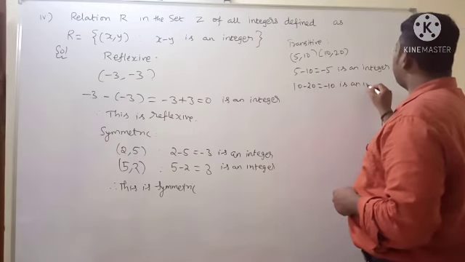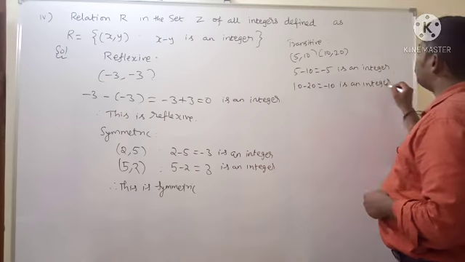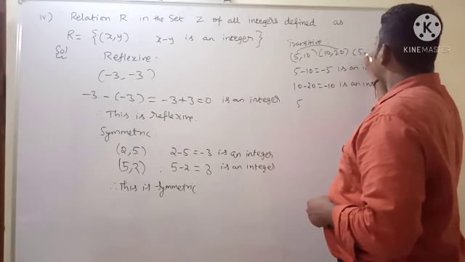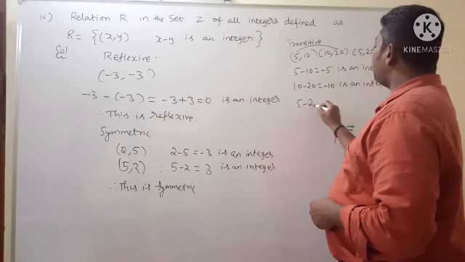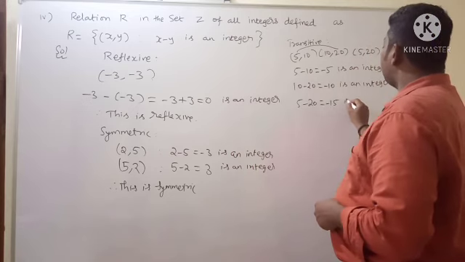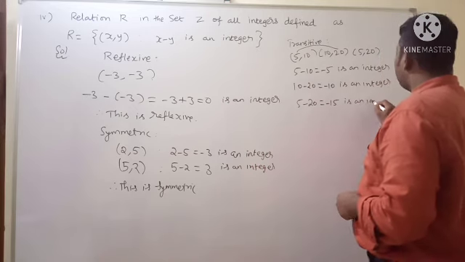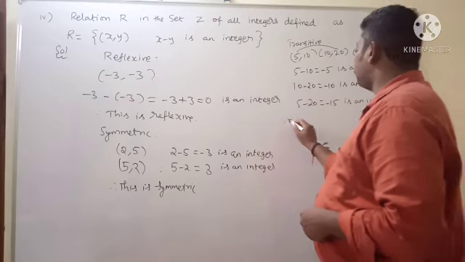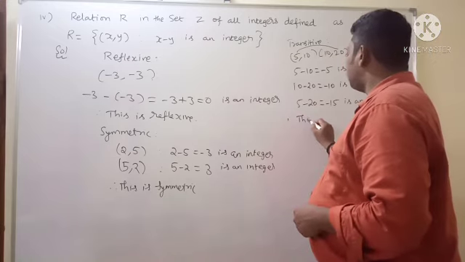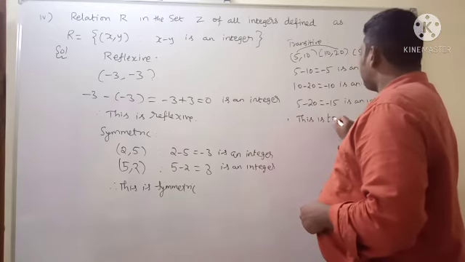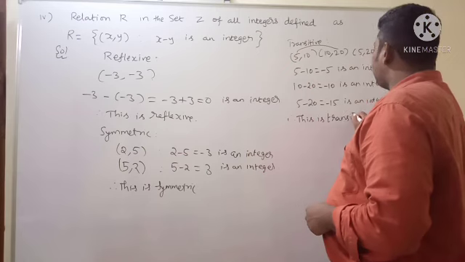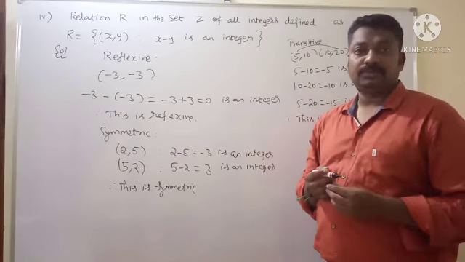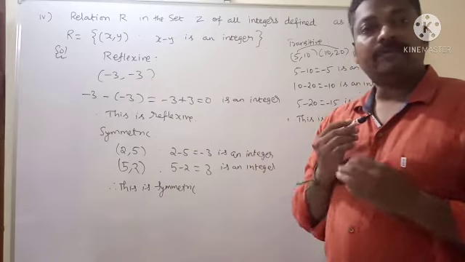It is also an integer. Then (5, 20). 5 minus 20 equals minus 15. It is also an integer. Therefore this relation is transitive. So if a relation is reflexive, symmetric and transitive, it is called an equivalence relation.